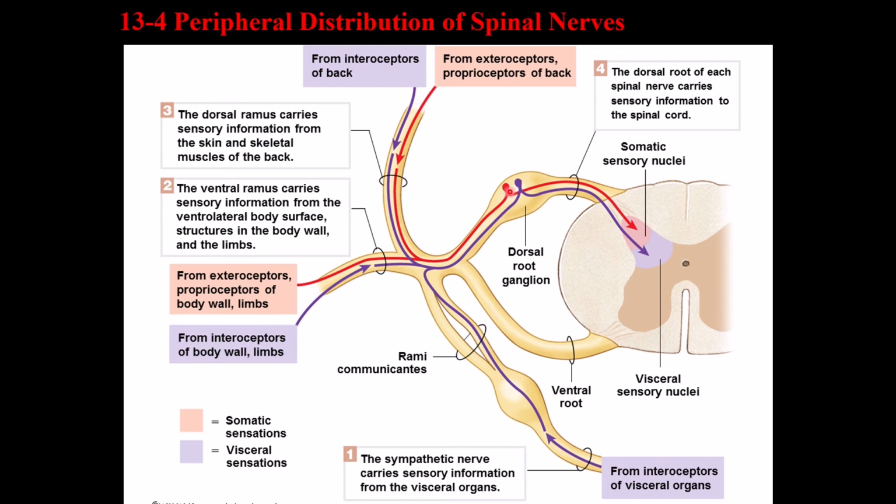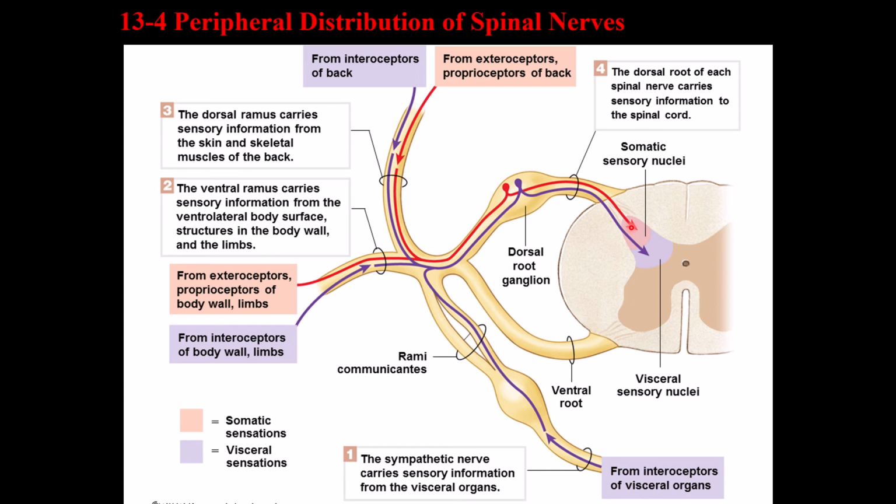Same idea here, and the cell body is located there in the dorsal root ganglion, and it arrives there, and is processed in the dorsal horn. So these are conscious. Okay, these are the conscious information. Some of them may be subconscious also.